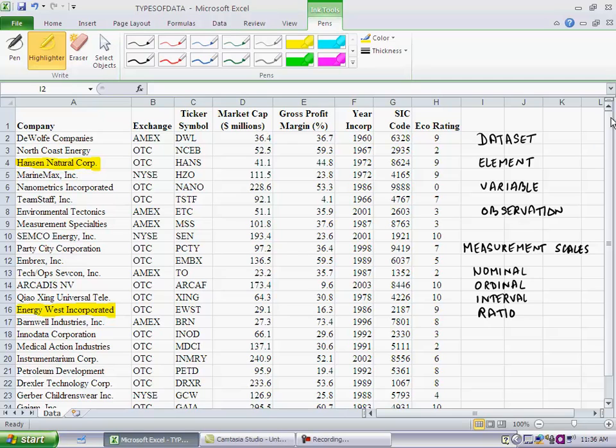The properties of any element that we measure are called variables.